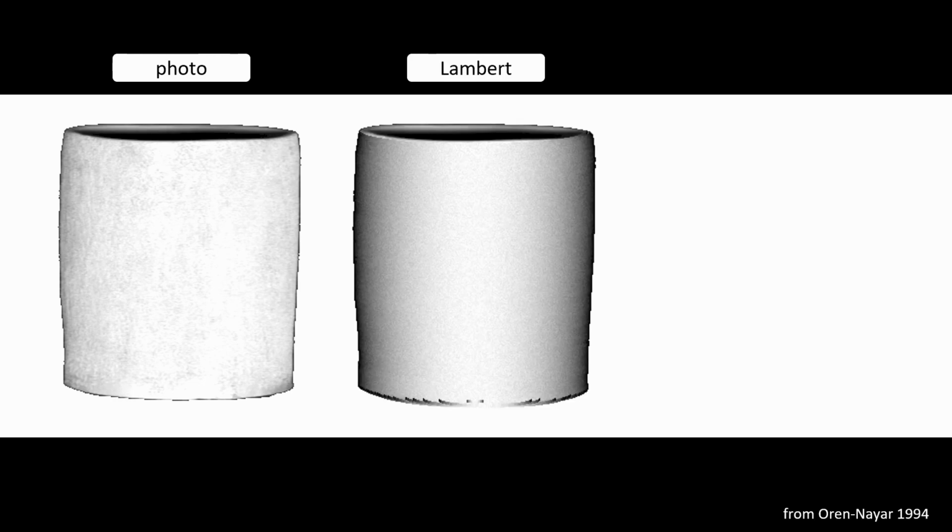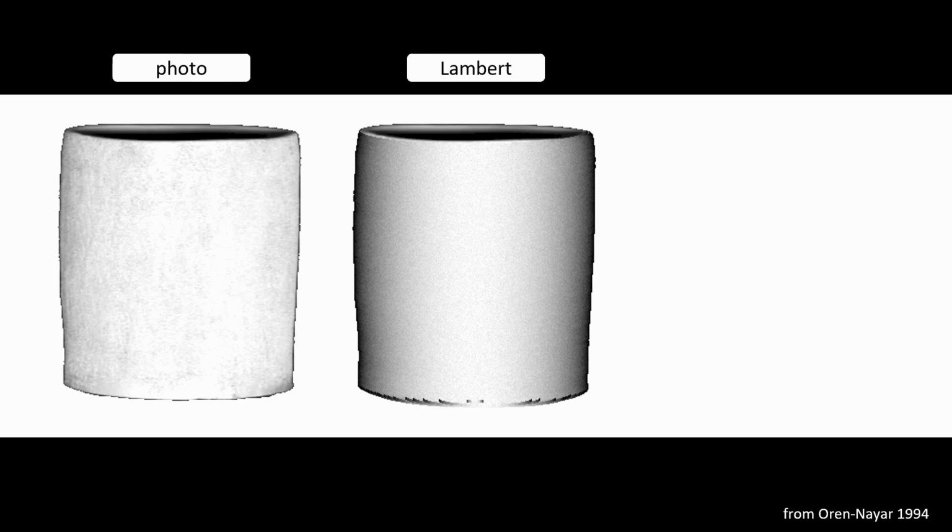But in 1994, Oren and Nair showed that if you take a photo reference, in this case a front-lit concrete vase, and you compare it to the Lambert BRDF, it doesn't match very well. It looks pretty bad. The Lambert BRDF has these dark edges in particular. So they introduced a new BRDF after showing that surfaces aren't actually smooth like we assume in computer graphics most of the time.